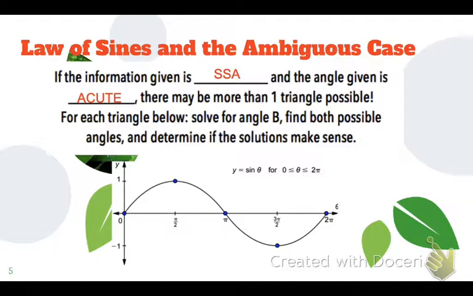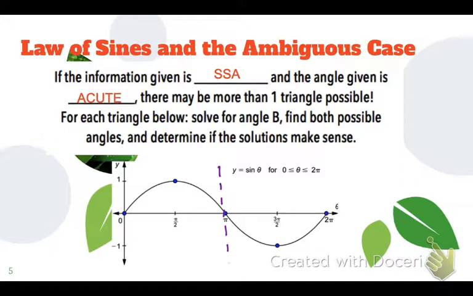So 2 sides and a non-included angle, and if the angle given is acute, we can have more than one triangle possible. And this comes from the fact that on our sine curve, if we think about a triangle, we're only worried about values through pi or 180 because triangles can never be more than 180 degrees.